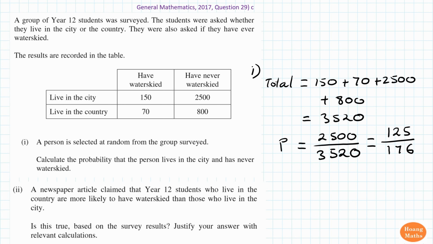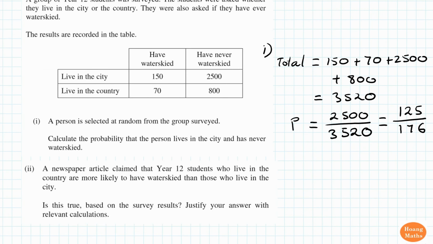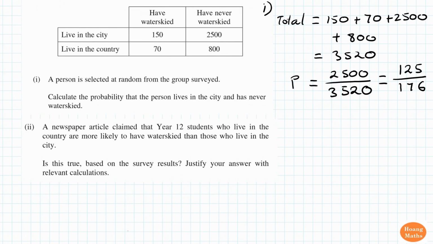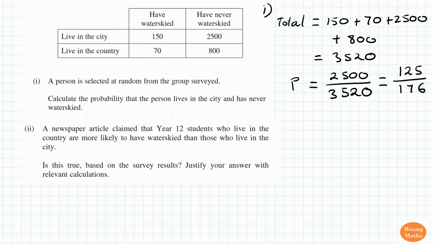So in order to do this, we need to find the percentage of the people who live in a city who water ski, and the percentage of people who live in the country who water ski. Then we can make a decision from there. So for the country, we know that it's 70 out of, of course, not out of the total, because we compare the country.